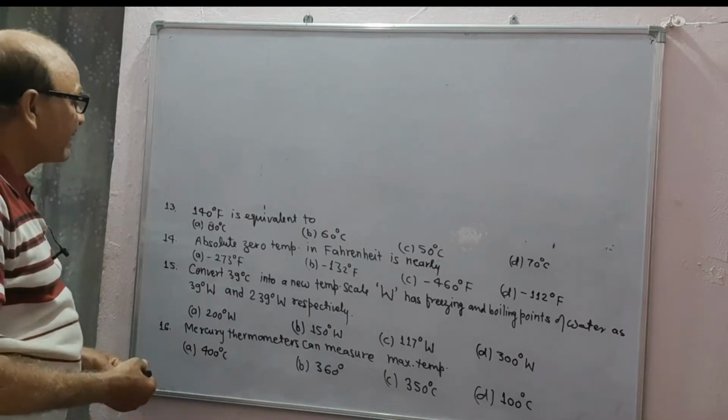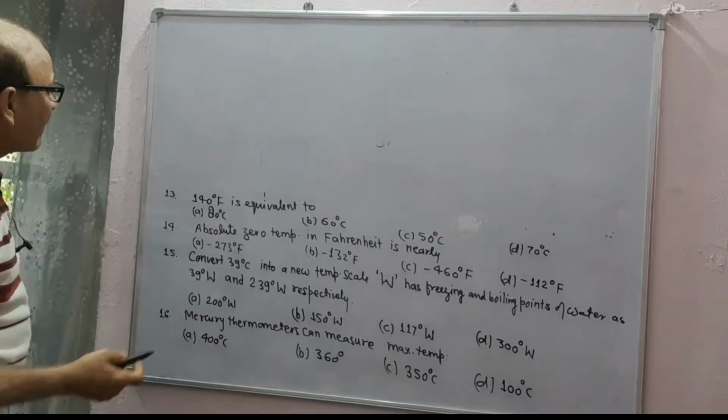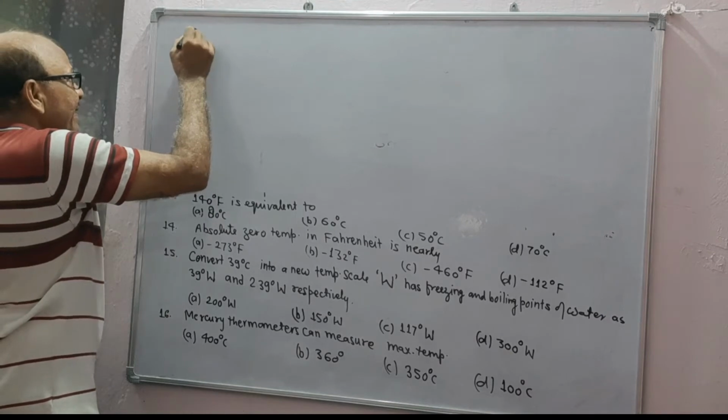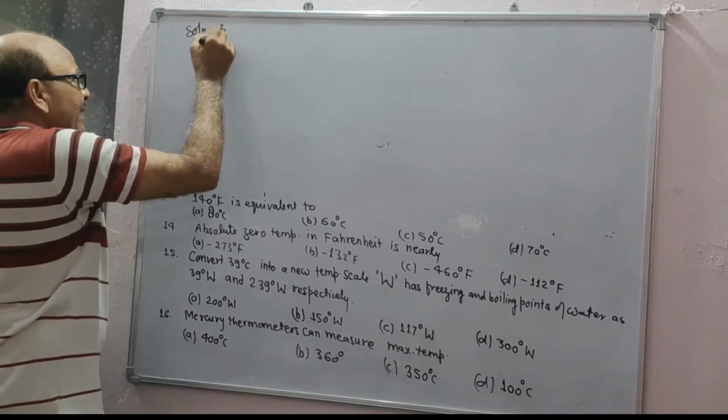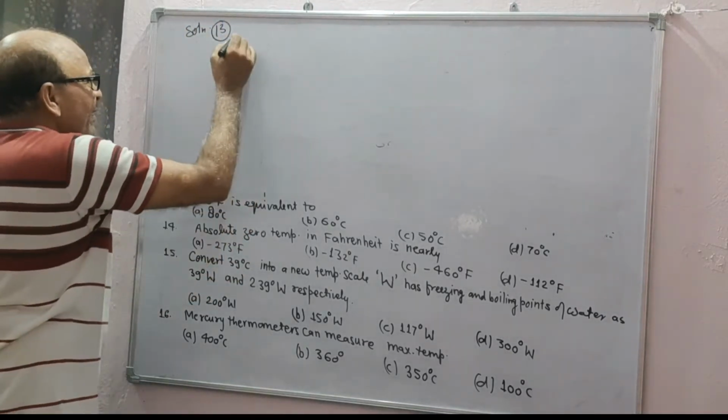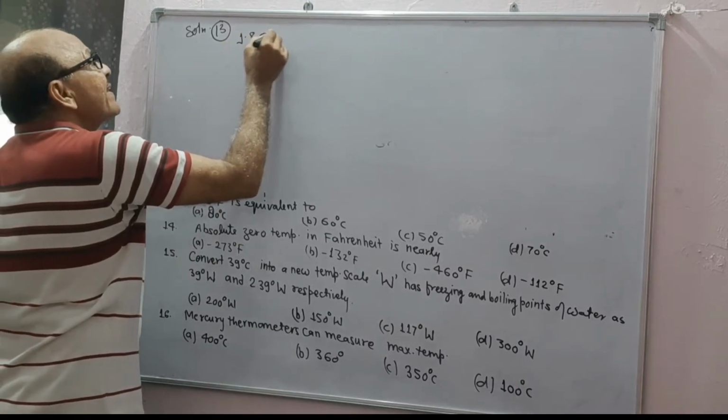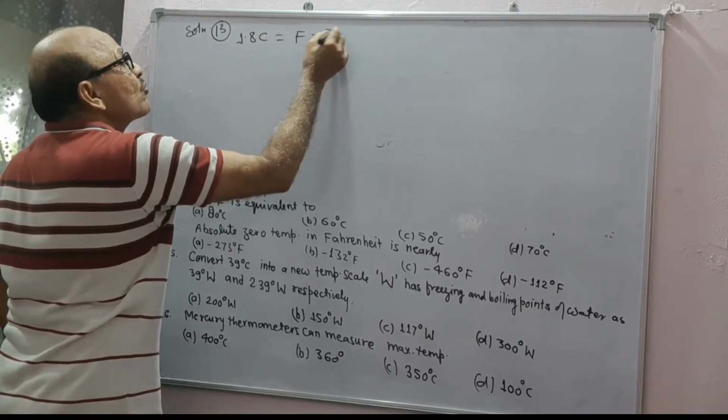140 Fahrenheit is equivalent to, solution to question number 13. We know 1.8 C is equal to F minus 32.